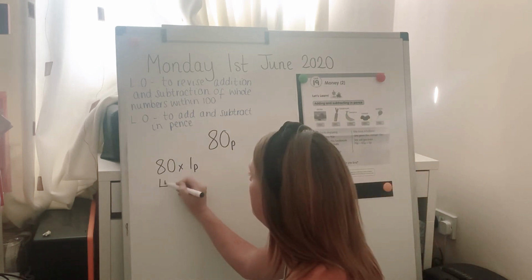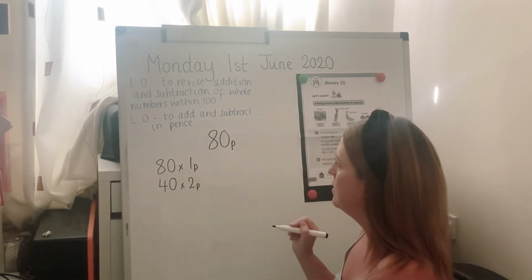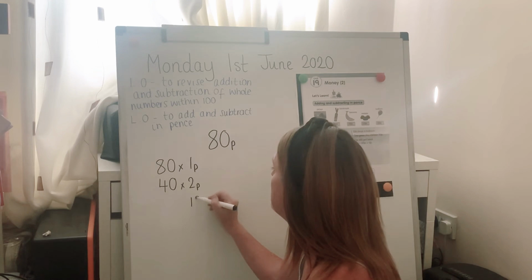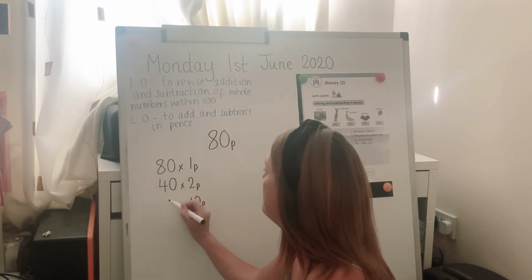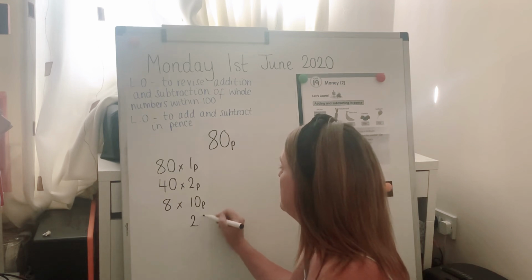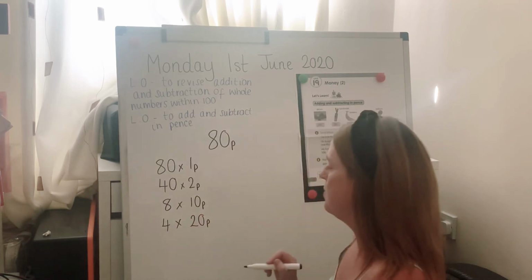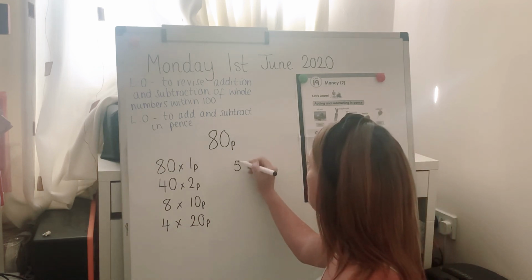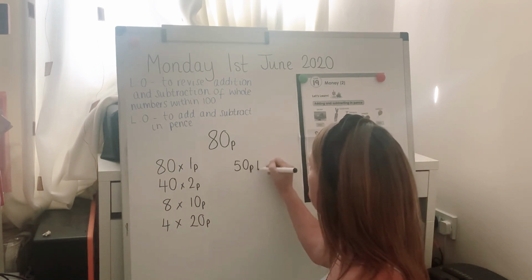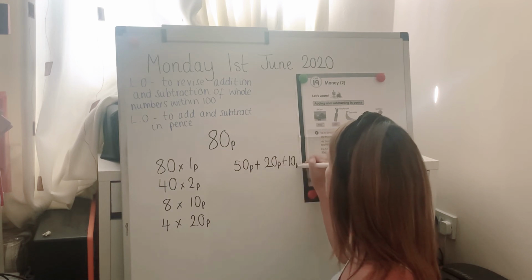I could have 40 2p's. What about 10p's? I would have 8 10p's. 20p's. I'd have 4 20p's. I could use a 50p, a 20p and a 10p, couldn't I?